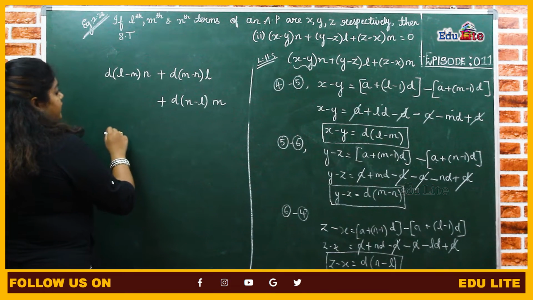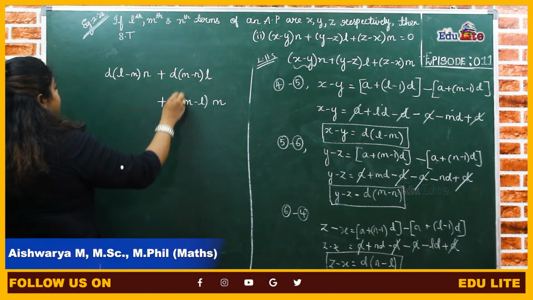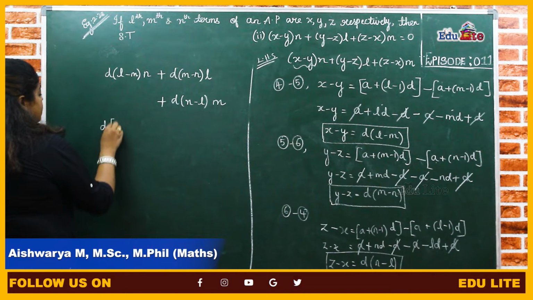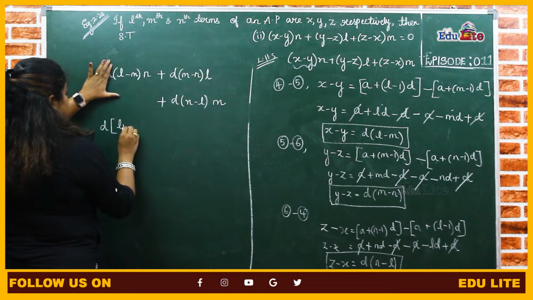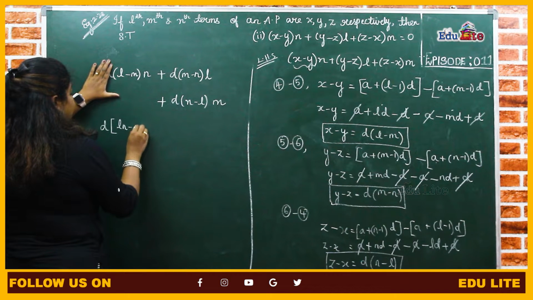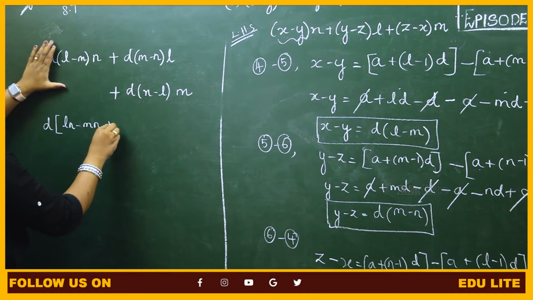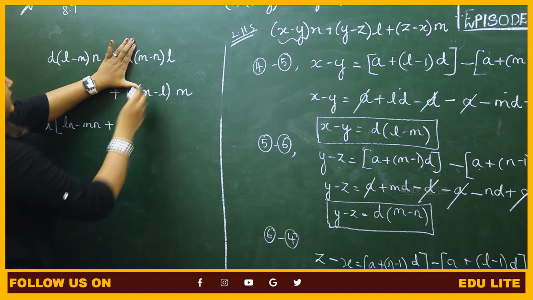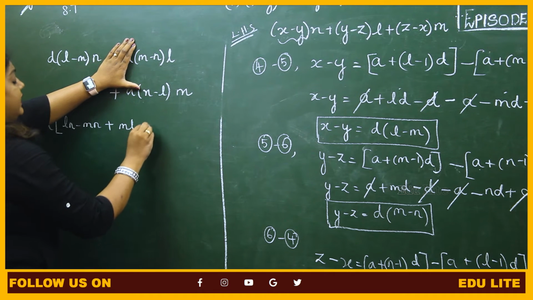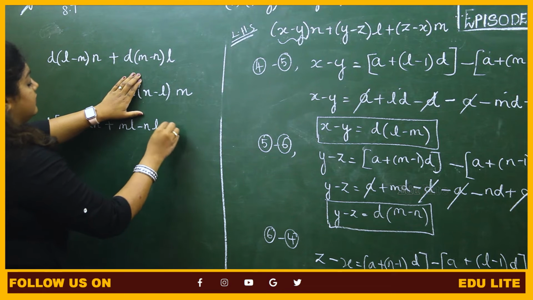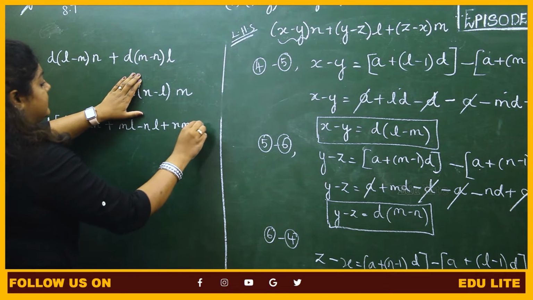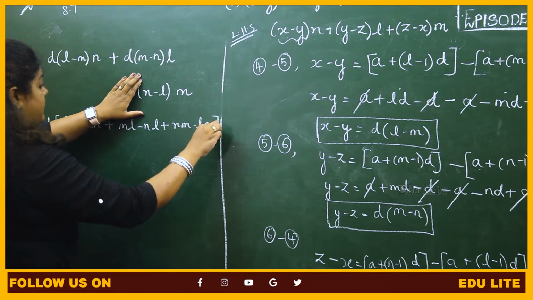So in the next step, what we are going to do is, in all the terms we have d in common. Taking d in common, the remaining will be L into n minus m into n. Similarly, taking d in common, m into L minus n into L. Taking d in common, n into m minus L into m.